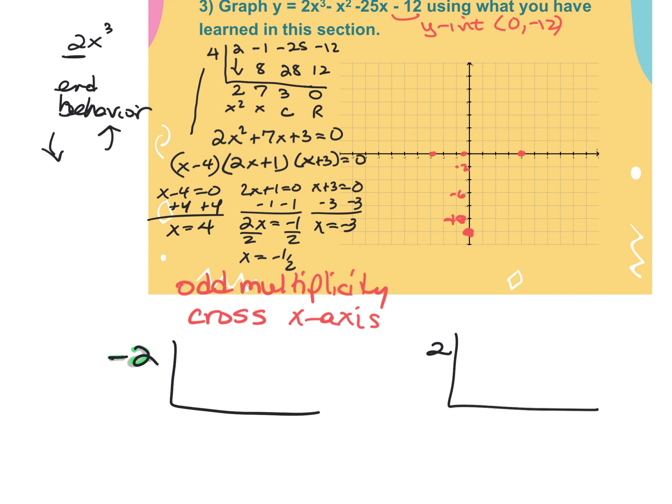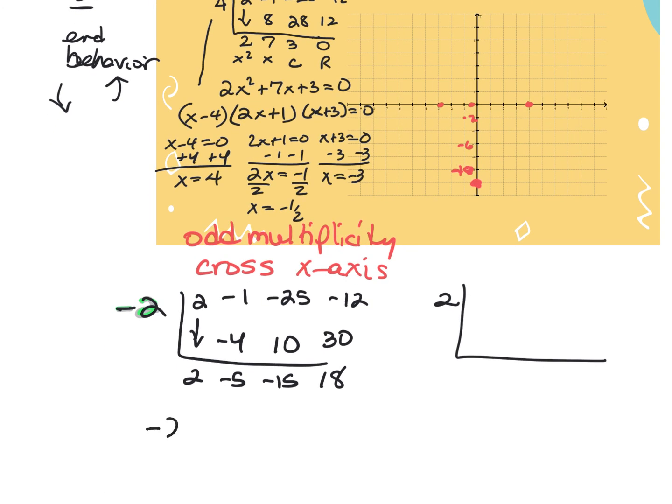So let me go ahead now and add in my coefficients here: 2, negative 1, negative 25, negative 12. I'm going to bring down, multiply, add the column, multiply, add the column, multiply, add the column. So the ordered pair I can graph is negative 2 and positive 18. I'm using my remainder theorem here.